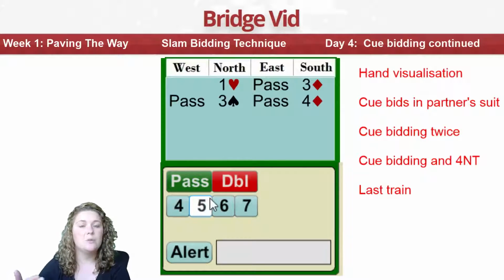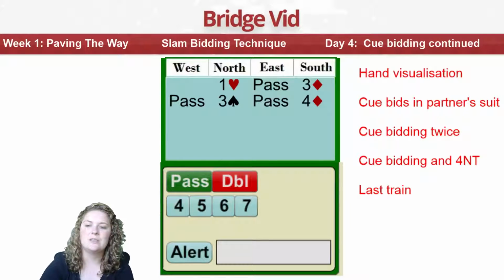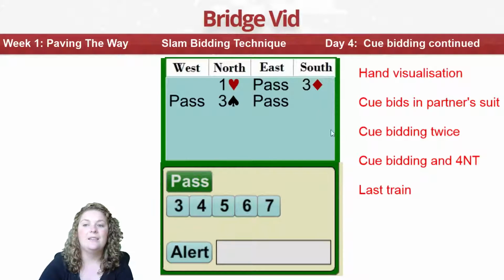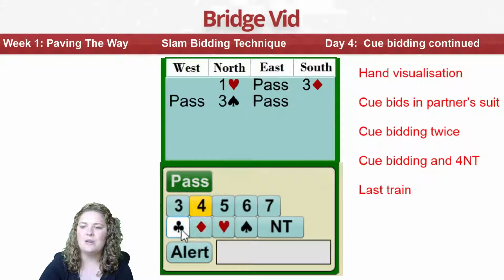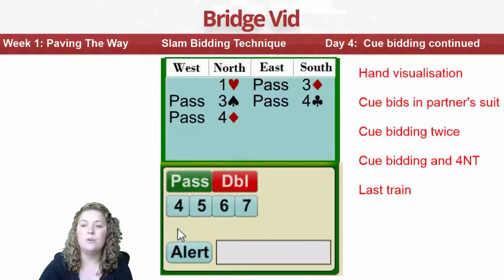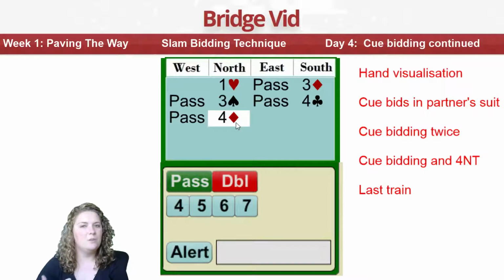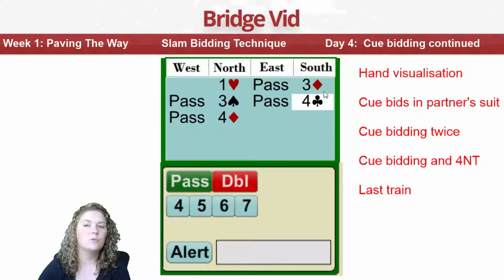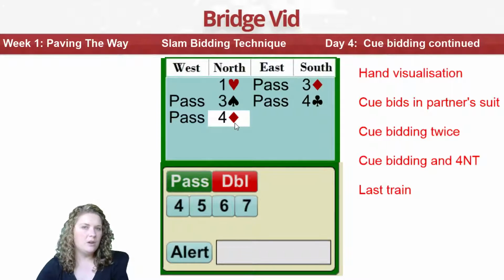So if the splinter player bids 4 diamonds, that'd be that they've actually got a void rather than just a singleton. On the other hand, let's say our responder kept the cue bidding auction going and then the opener cue bid. This will also be first round control because we know that we've got the second round control with a splinter. So if we're going to cue bid that suit, we need to have first round control in it.